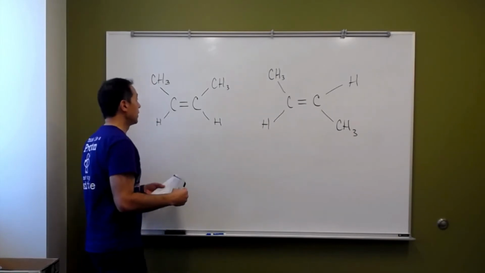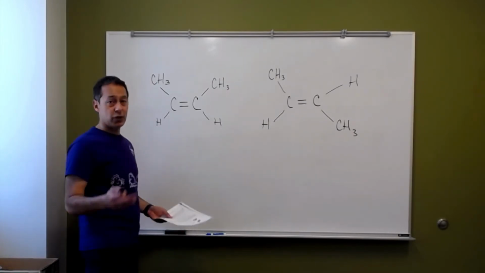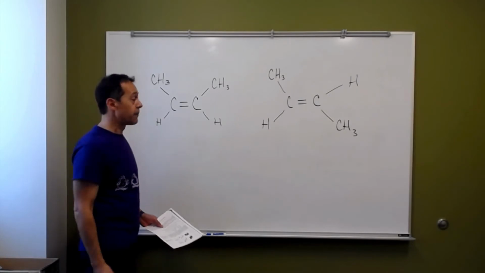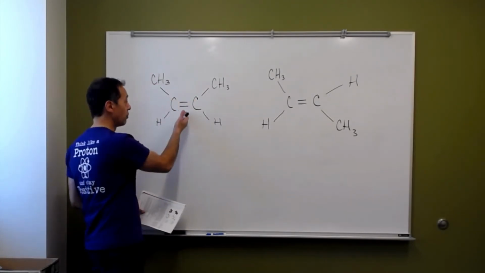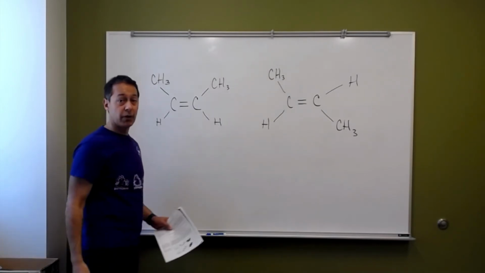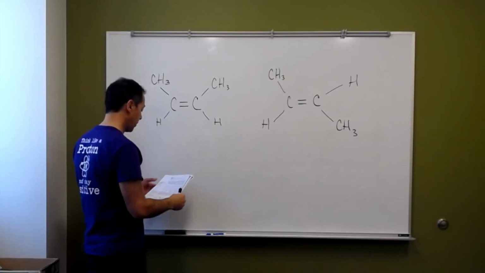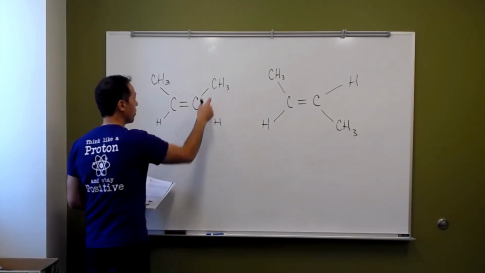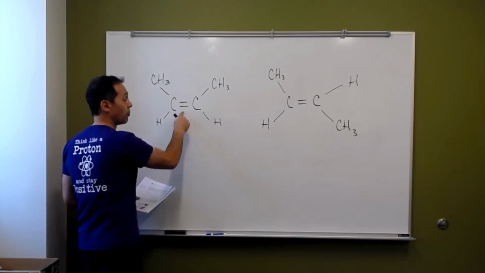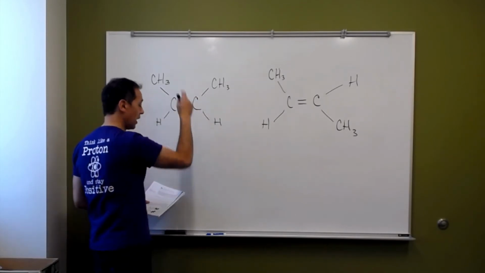Well, it's really not that big of a stretch from what we've done so far. We just find the longest carbon chain that has the double bond, and we count up the number of carbon atoms. For example, this first one has 1, 2, 3, 4 carbon atoms, and the double bond's in the middle, so it doesn't matter if we go left or right.